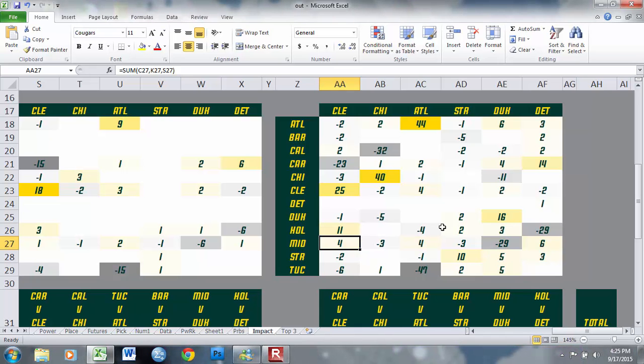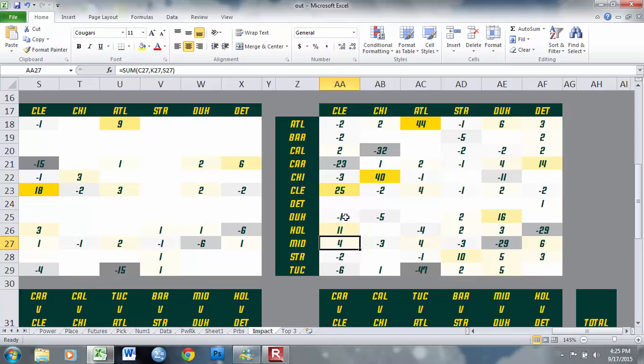Midland Mastodons should be rooting for me so that they can catch Caribbean Heat. There's probably going to be the second team in the West is better than the second team in the East, no matter how you shake it out to be. So you guys want me to run away with the East. You want me to beat the teams from the West. That will increase your chances of winning. Although, now that I say that, there's a bunch of negatives over here too.